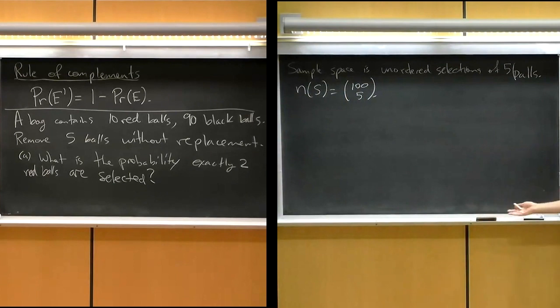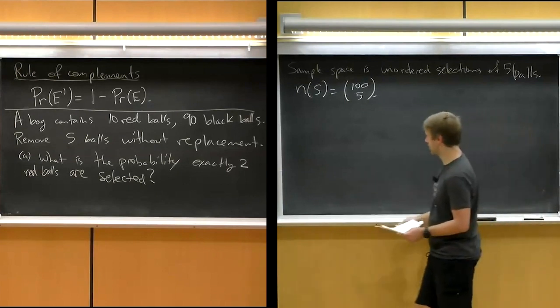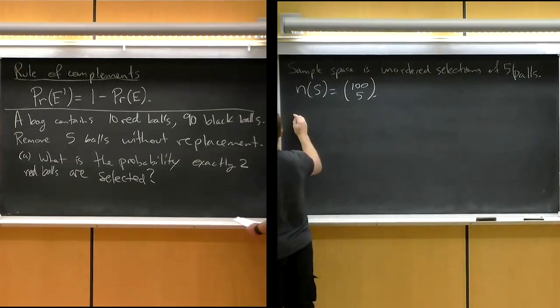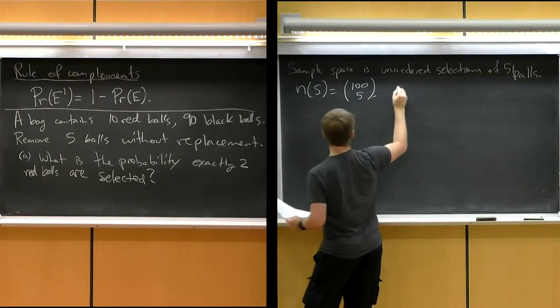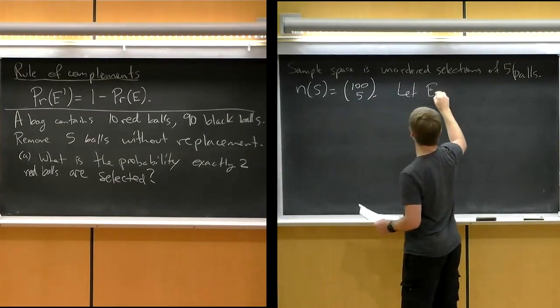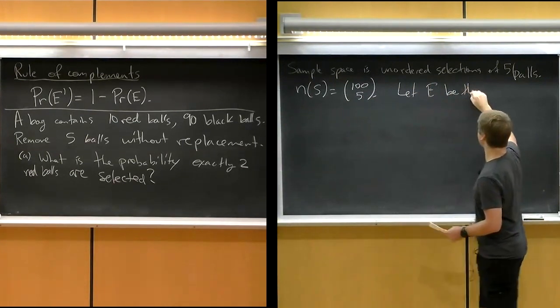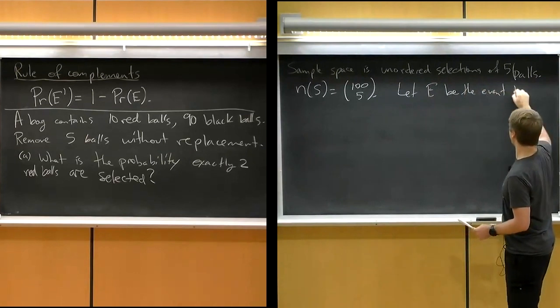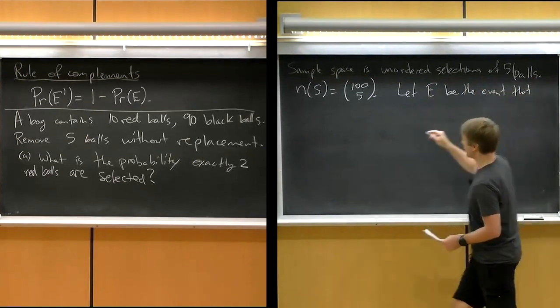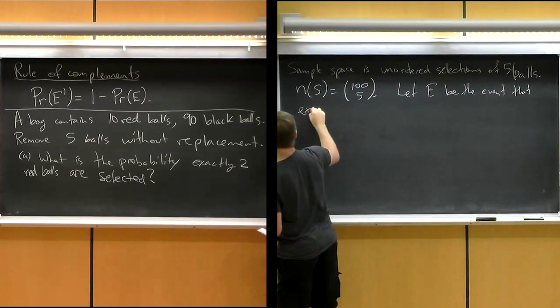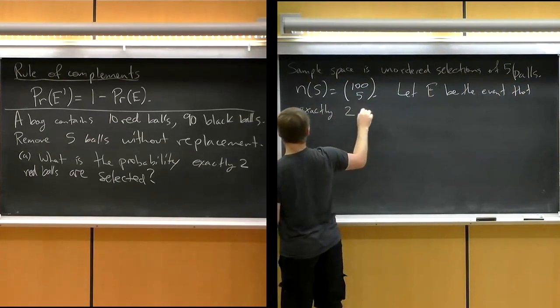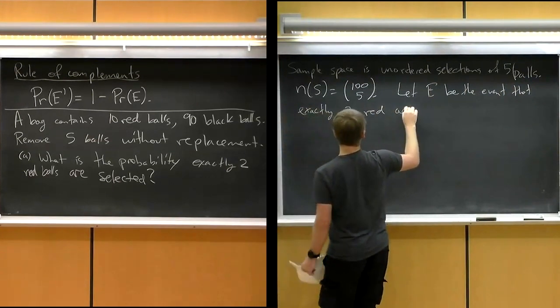Got 100 balls, I'm going to pick 5 of them. So let E be the event that exactly 2 red are chosen.